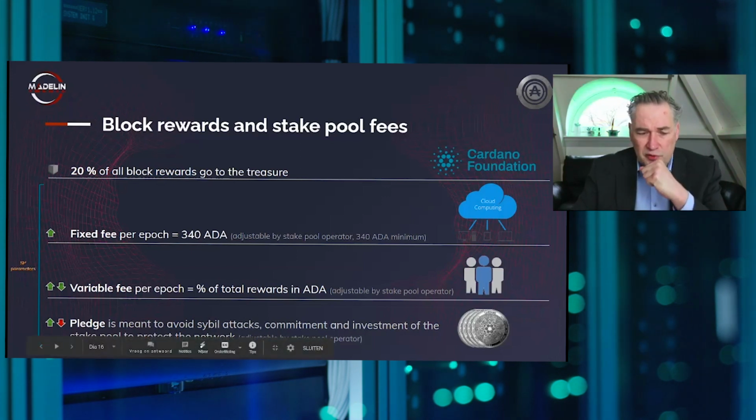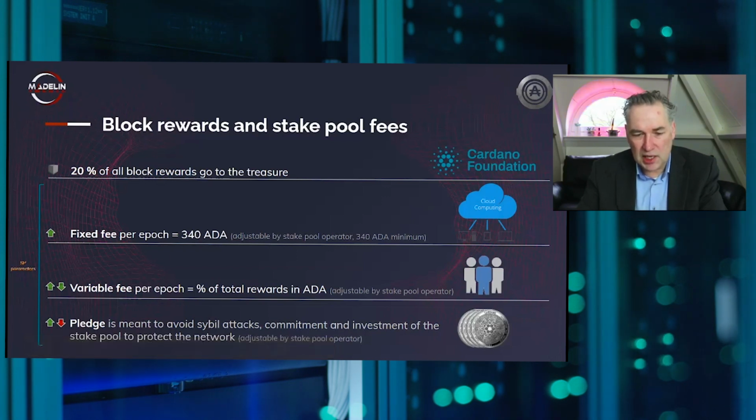I talked before about pledge. Pledge is mainly meant to avoid Sybil attacks. It's a commitment and investment of the stake pool operator to protect the network, and the pledge can also be adjusted by the stake pool operator.